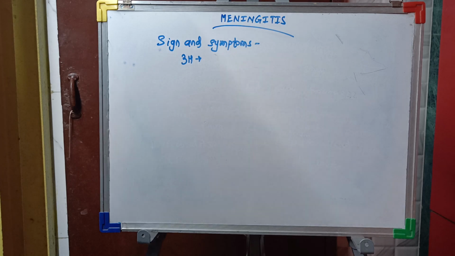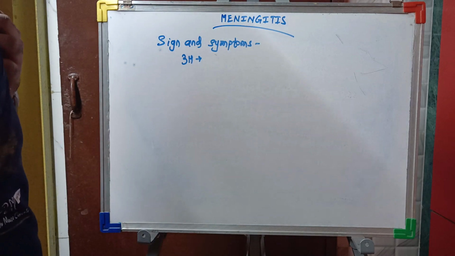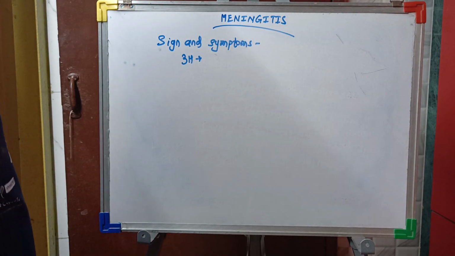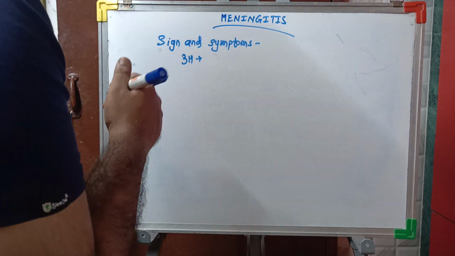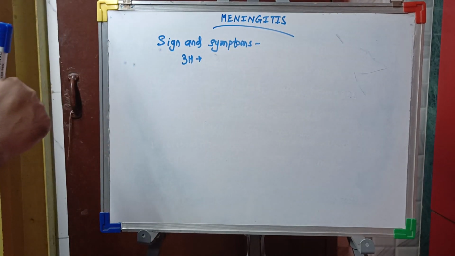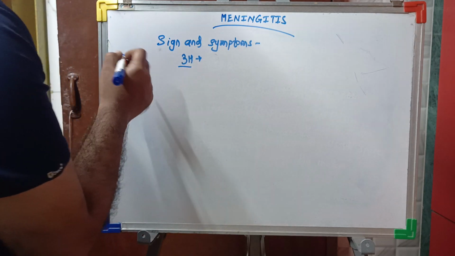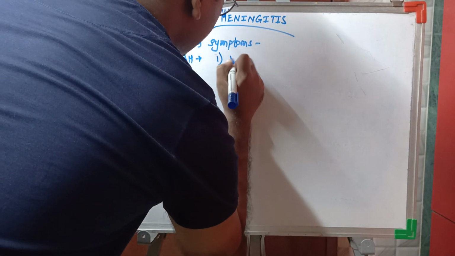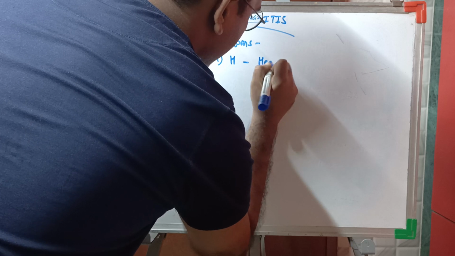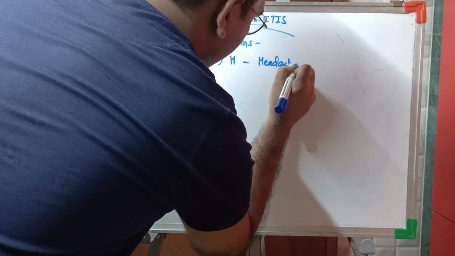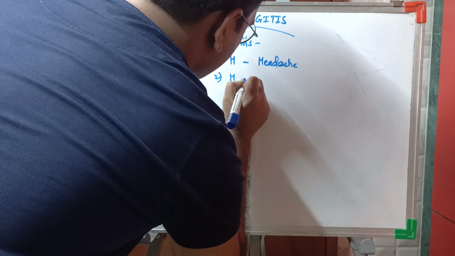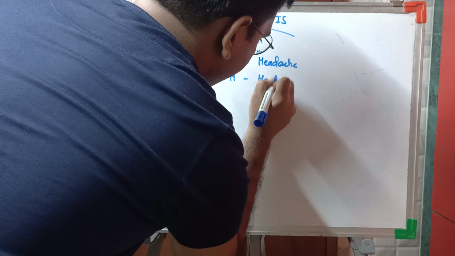Now we will focus on the signs and symptoms of meningitis. To remember them in a better way, we will first take the 3 H's. The first H is headache. The second is hard or stiff neck.